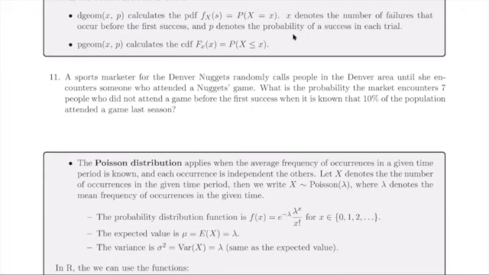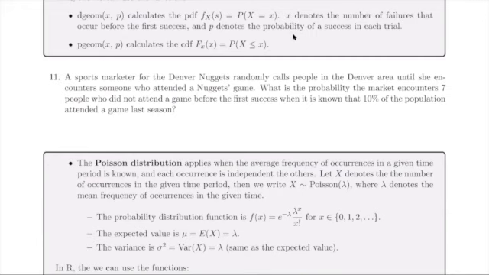Let's think about how many people are going to Nuggets games in Denver. There's a marketer that works for the Nuggets, and based on some data, they know that maybe 10% of the population did go to a Nuggets game last season.